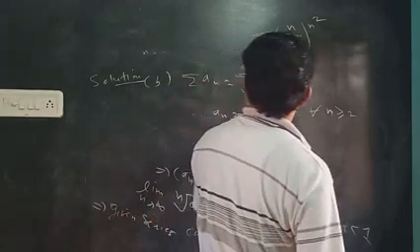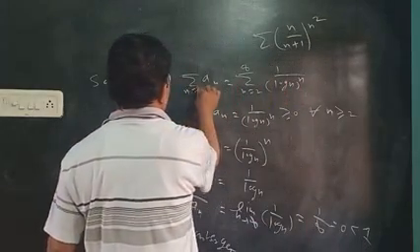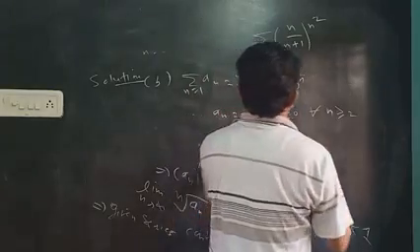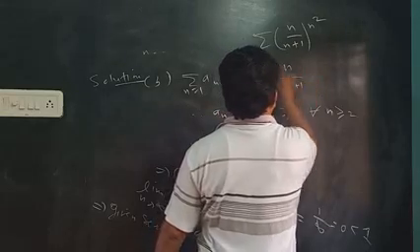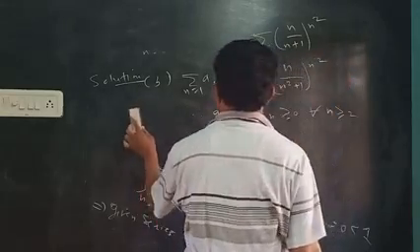So summation a_n, with n from 1 onward, is n upon n plus 1, whole raised to power n square.